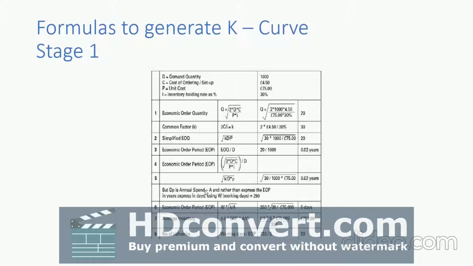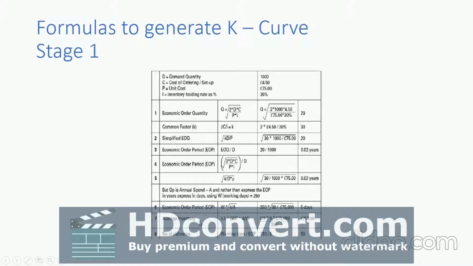The working days is 250, meaning that excluding Saturdays and Sundays, 2 holidays in a week, the remaining days are calculated and substituted as 250, which is a constant. So economic order period can be further simplified into the square root of working days multiplied by the square root of the common factor K divided by annual spend.